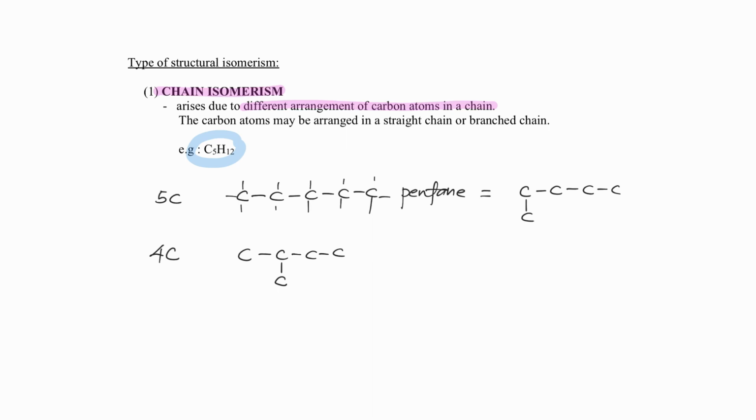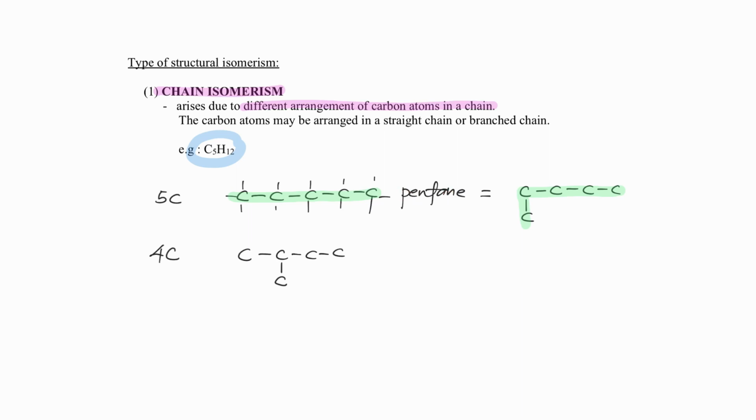The longest carbon chain will have 5 carbons, so it is the same thing as what we have here. Therefore, naming is the best way to know if they are the same molecule. Both have 5 carbons in the longest carbon chain, so they are actually the same molecule, which is pentane.